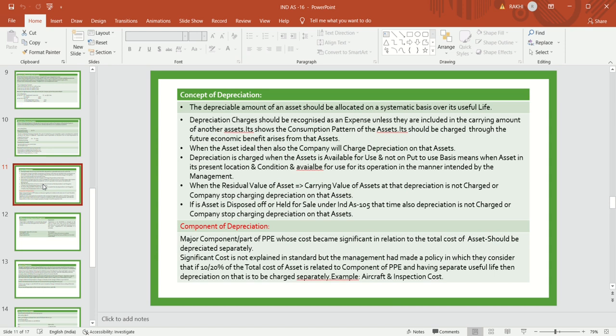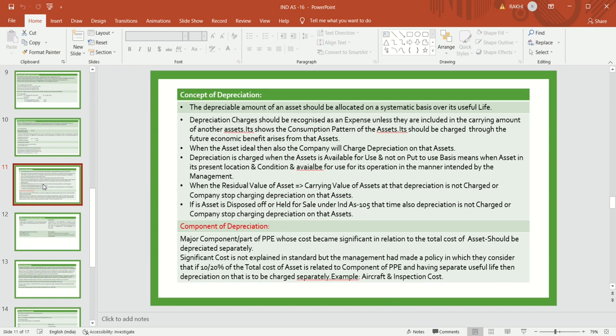Can we charge depreciation on a component of the asset? Yes. If the component of that asset has a major cost and a different useful life, then depreciation is to be charged on it separately. Like we had taken the example of aircraft and inspection cost.